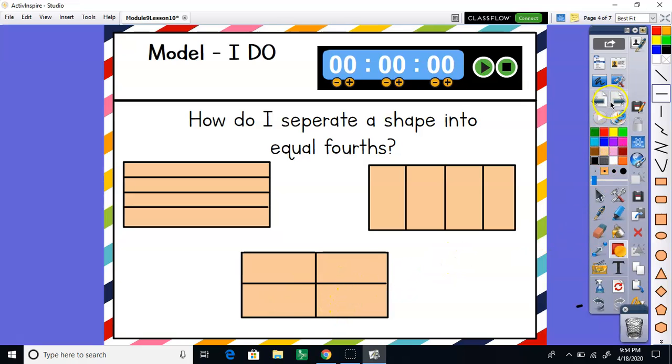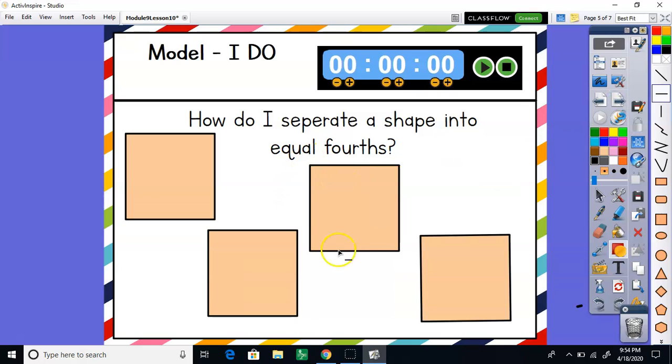Okay? You can also divide squares into equal parts. So we're going to do the horizontal lines just like we did on the rectangles. And you go across the middle first, and then divide your halves in half, and then you have 4 equal parts.